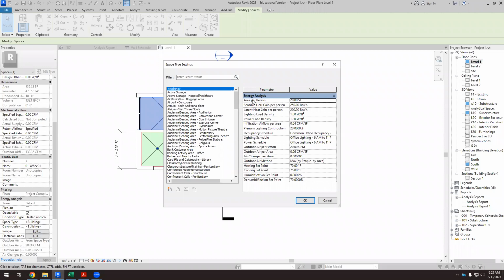Here they are asking people per square feet. Okay, so here we have 20 square feet per person. This is Revit. Yes, area per person.